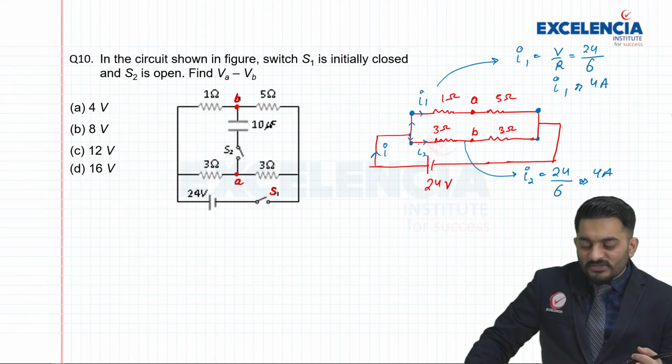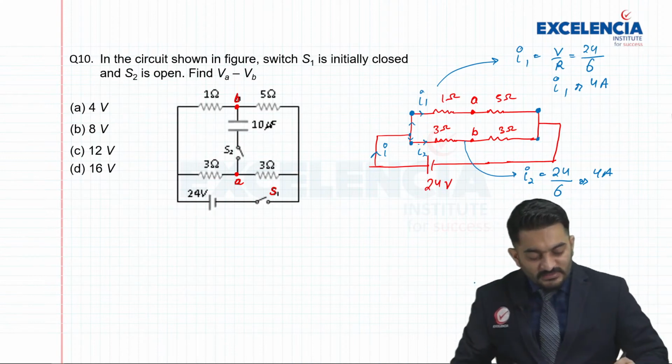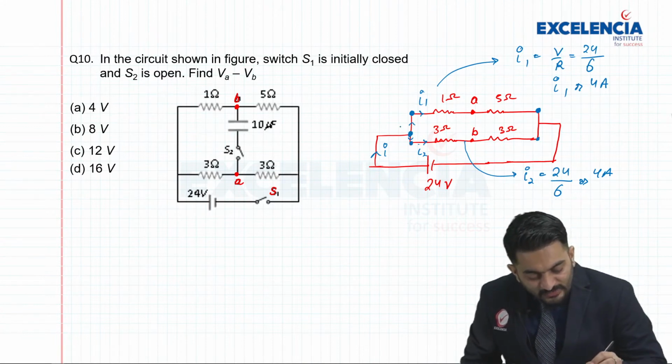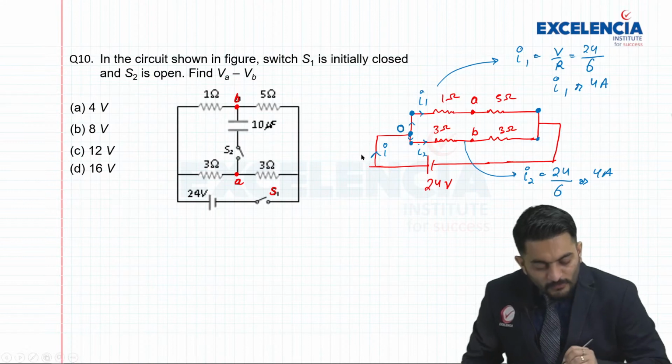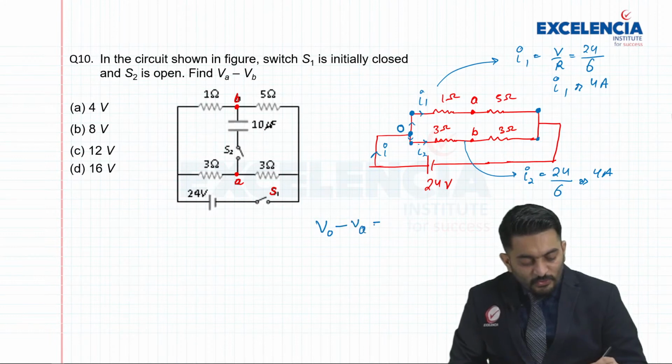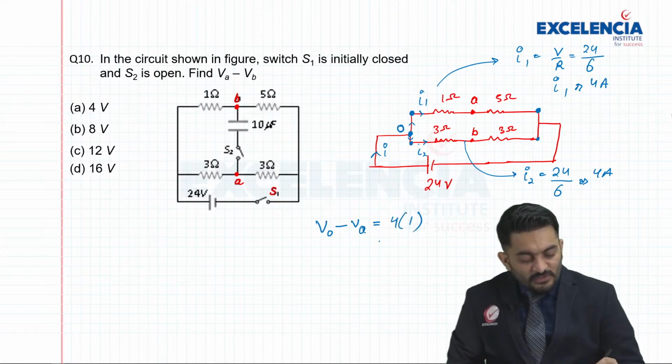The question is about the voltage between A and B. Let's see. If I name this particular junction as point O, VO is higher potential, VA is lower potential, and this potential difference can be written as I into R. The value of I is 4, and the resistance over there gives us VO minus VA equal to 4 volt.